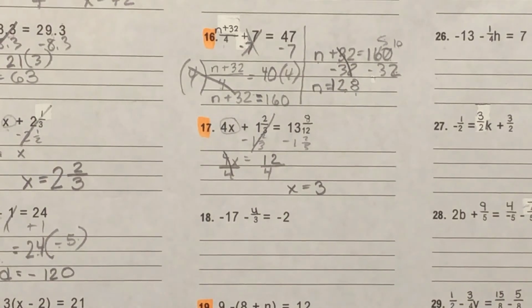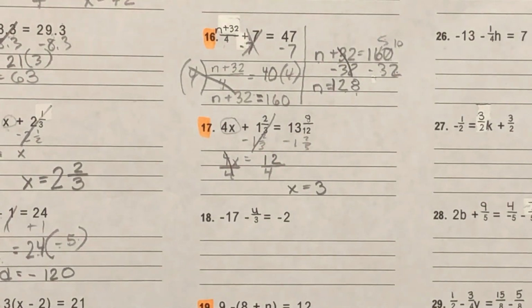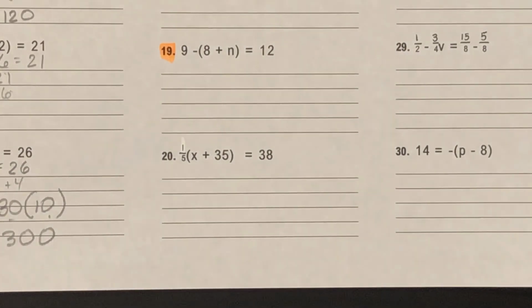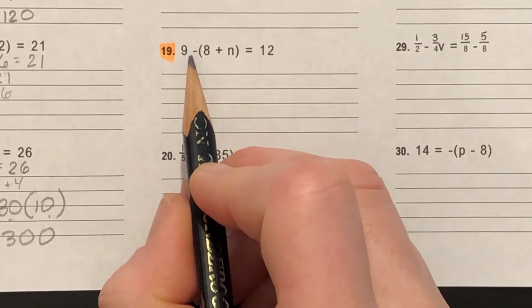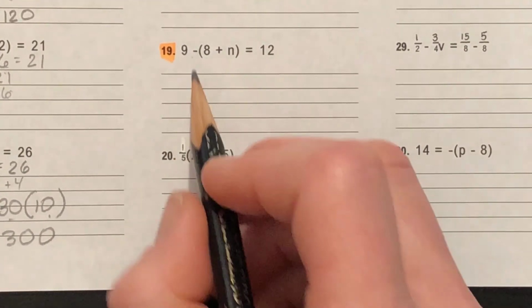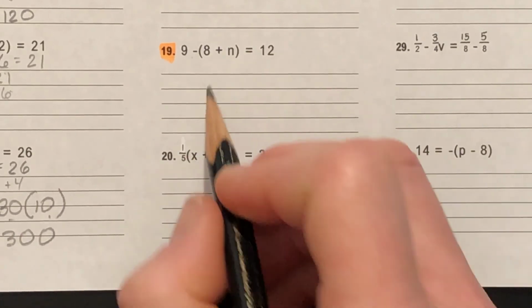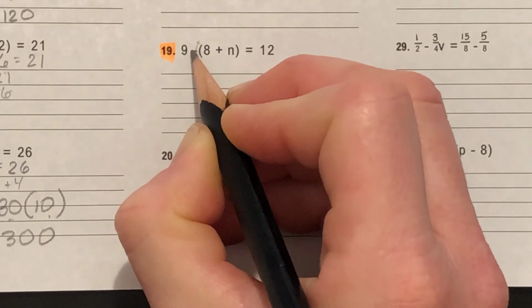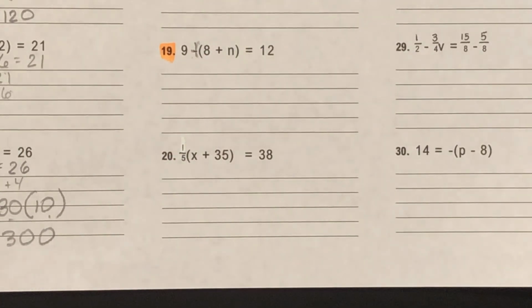19. We've got distributive property with a minus in front of it. Do you remember how that works? What I like to do when I'm teaching this is I like to have people pretend like this is a -1, that you're distributing a -1.